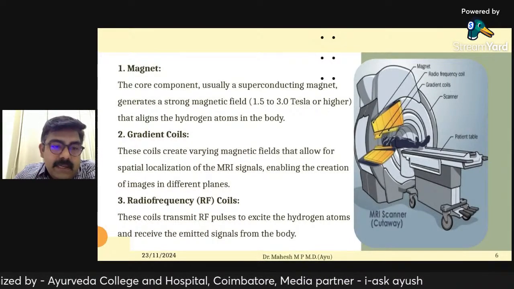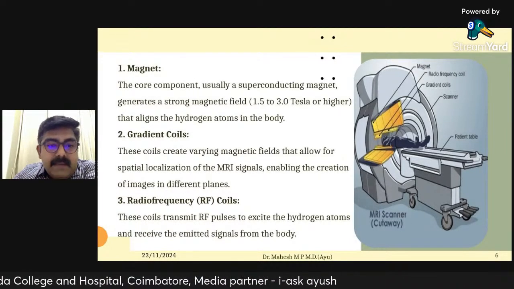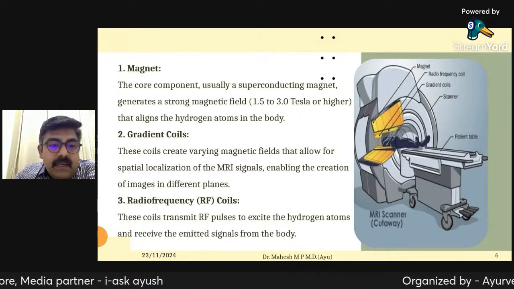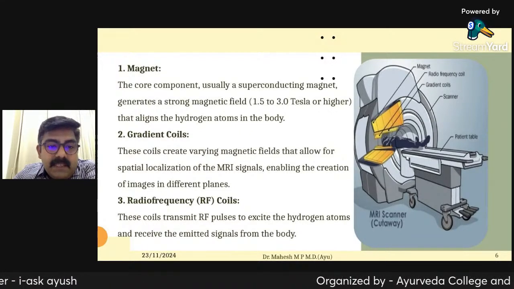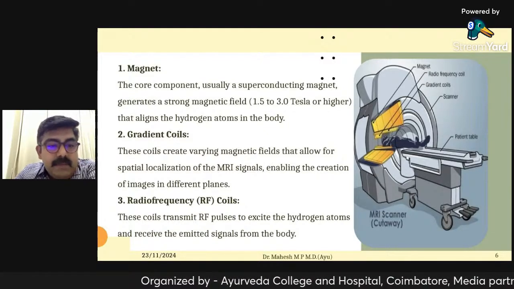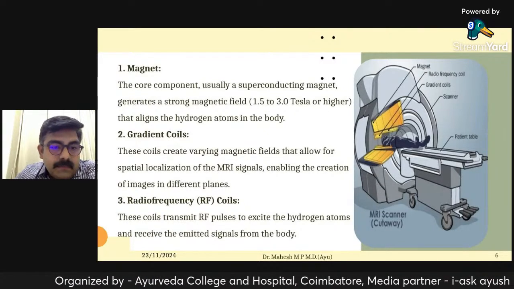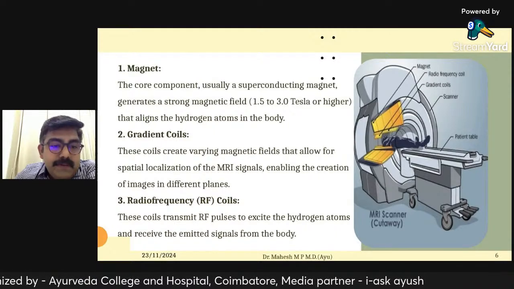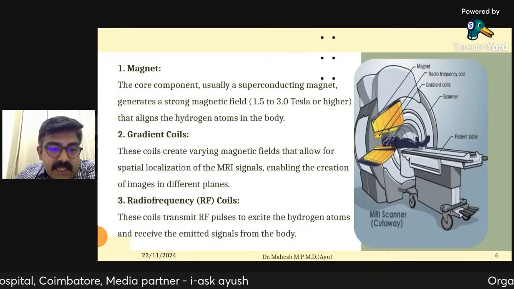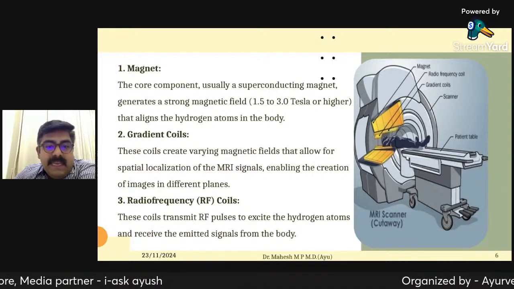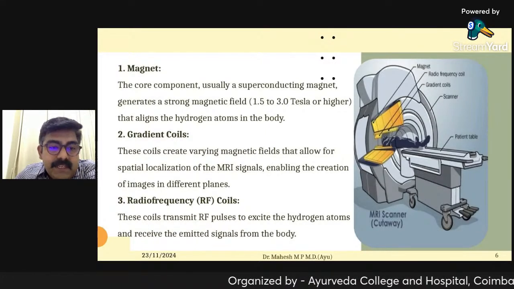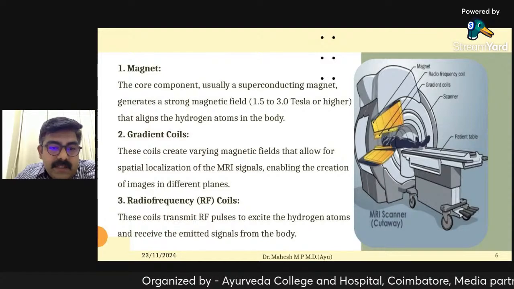The gradient coils create varying magnetic fields that allow spatial localization of the MRI signals, enabling the creation of images in different planes. The radio frequency coils transmit the radio frequency pulses to excite the hydrogen atoms in the body, then receive the emitted signals from the body.